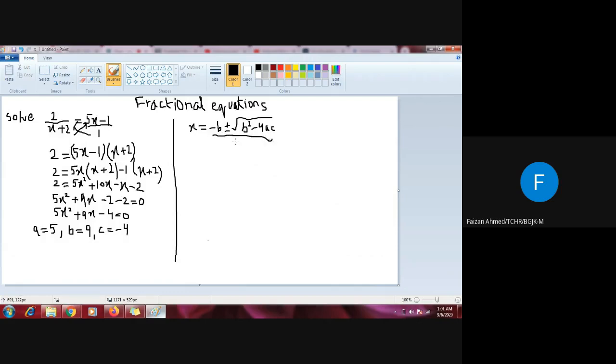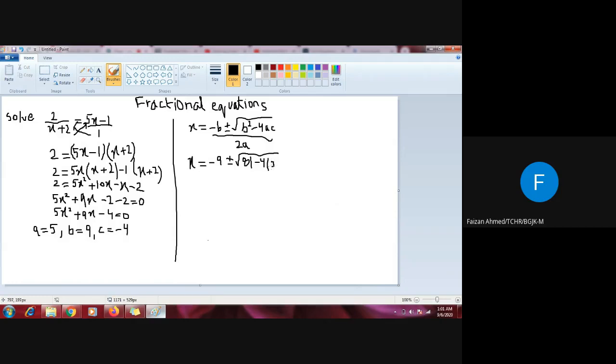Since I now have the values of a, b, and c, I will directly put in the values. I have b as positive, so I will use this negative sign, and the value of b is 9. And then I will use the plus and minus sign, then the square root, and now I have to take the square of b. 9 square is 81, so I will write 81 directly. Then I have a negative sign as it is, and I will use a bracket.